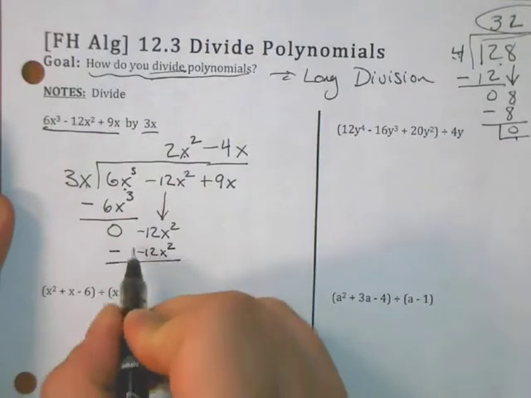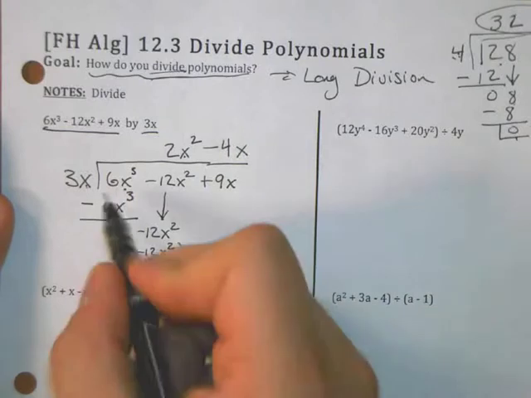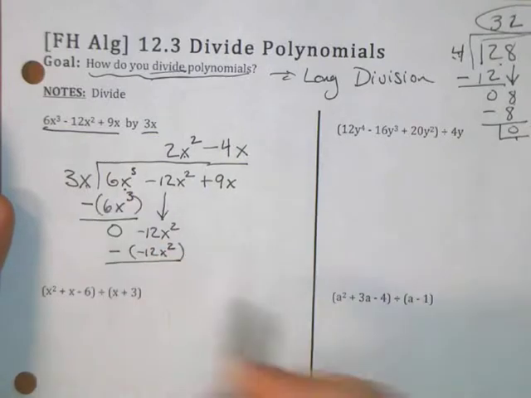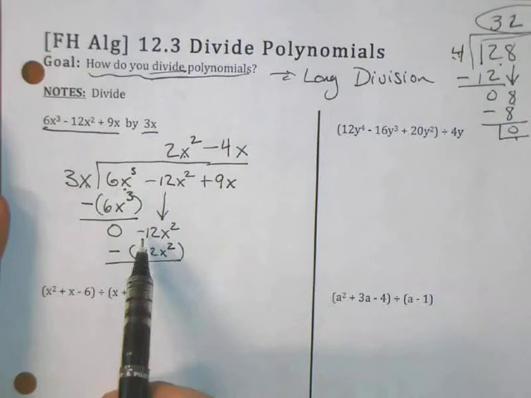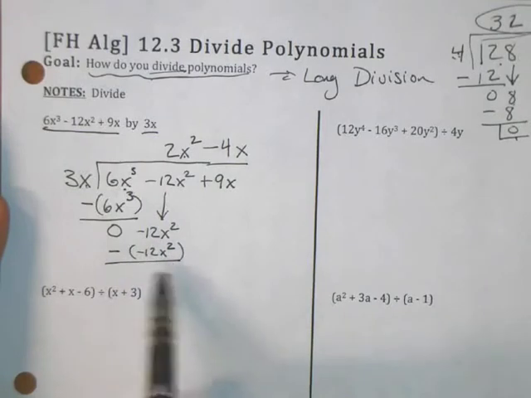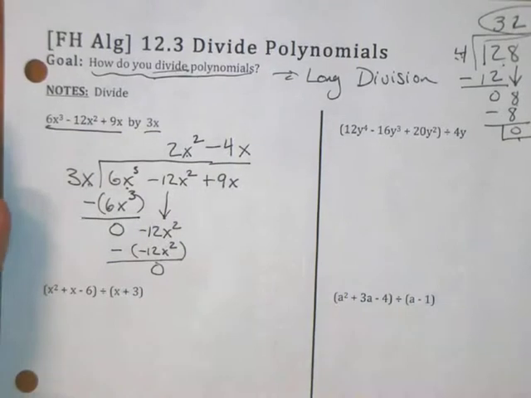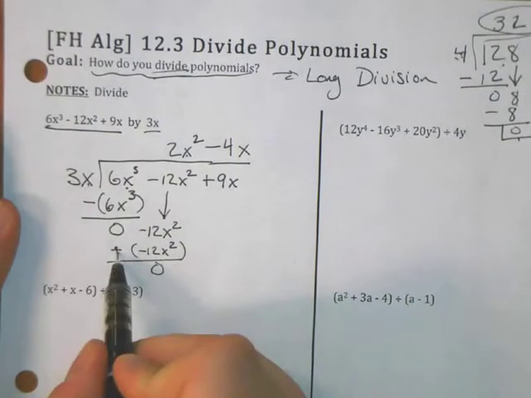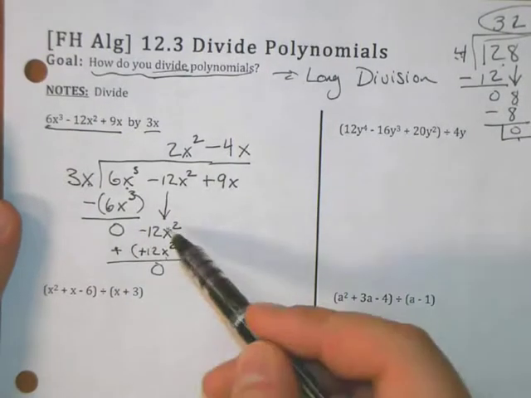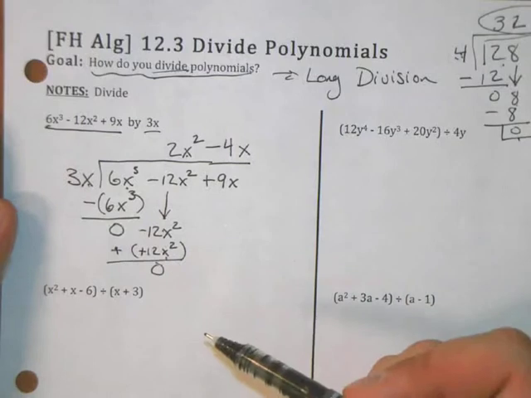Negative 12x squared. Subtract them. What's negative 12x squared minus negative 12x squared? Well, it's already negative, so minus a negative is plus a positive. What's negative 12x squared plus 12x squared? 0. Still 0.